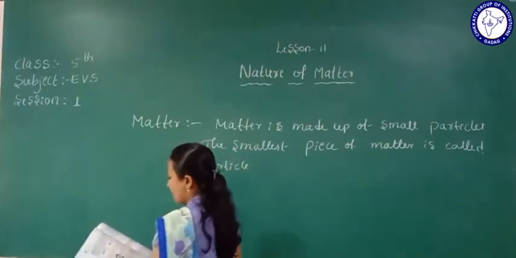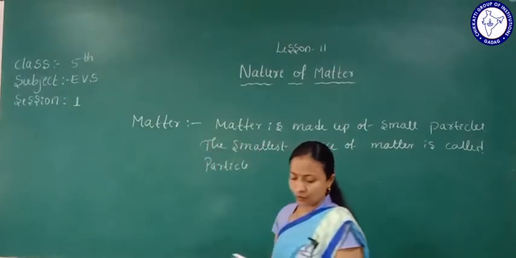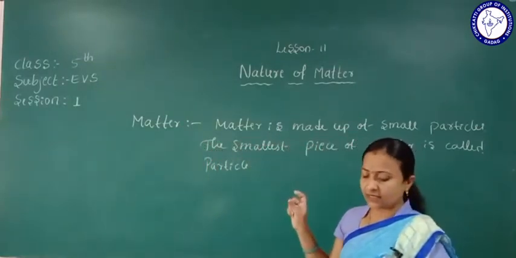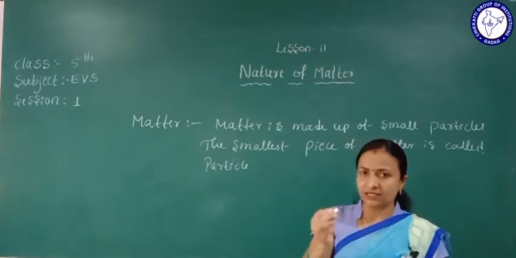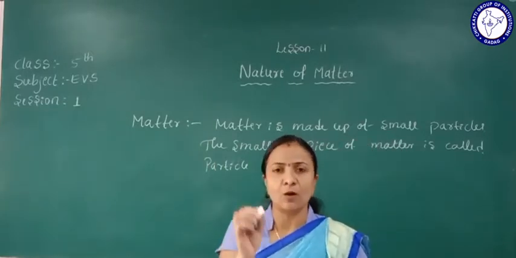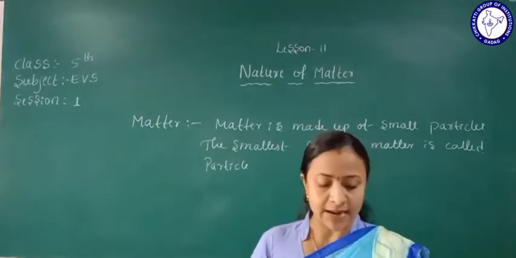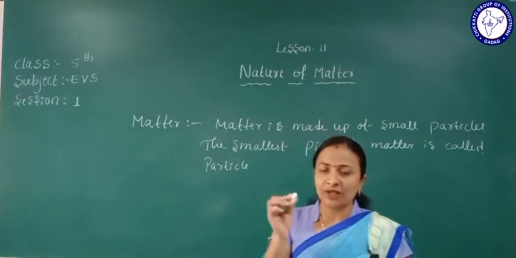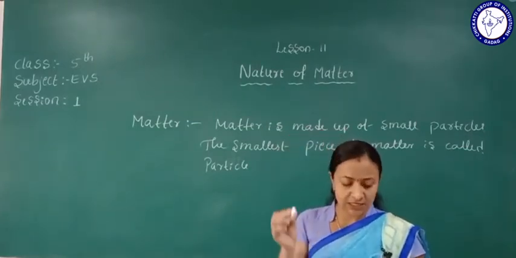Here we can observe that particles are present in matter. These are the smallest particles. All the particles are present in matter. So matter is made up of very minute, very small particles.